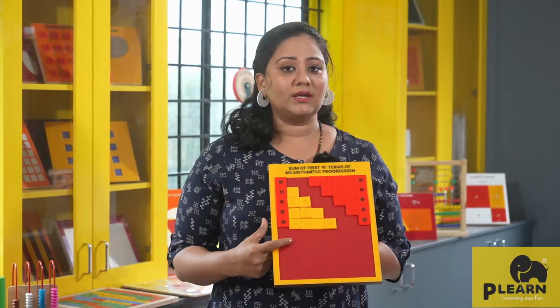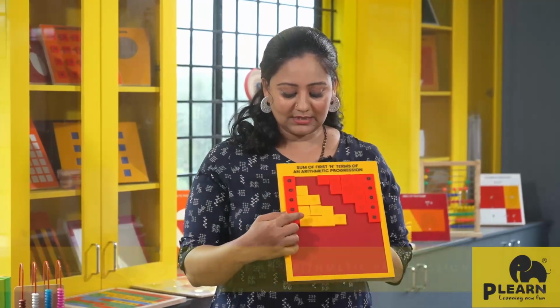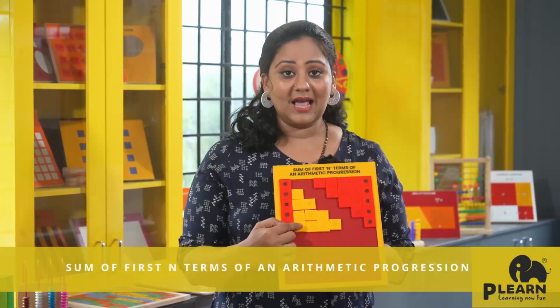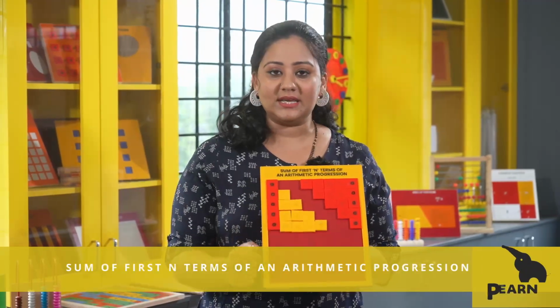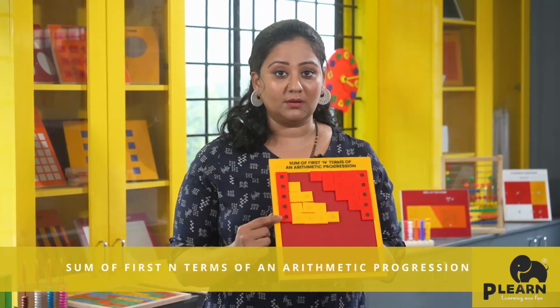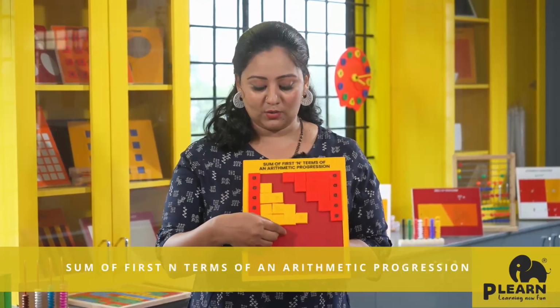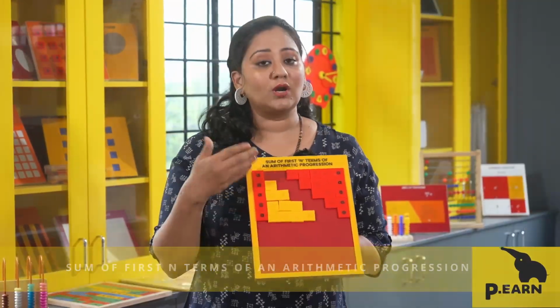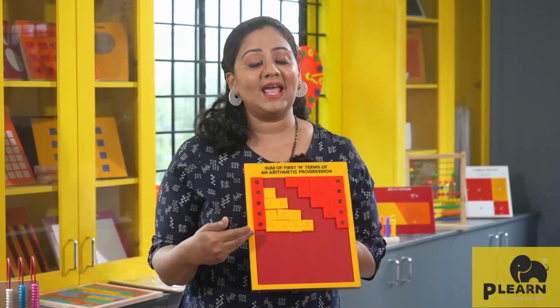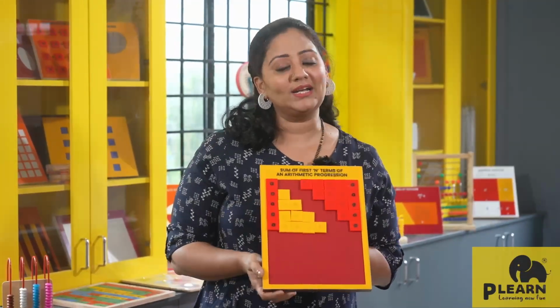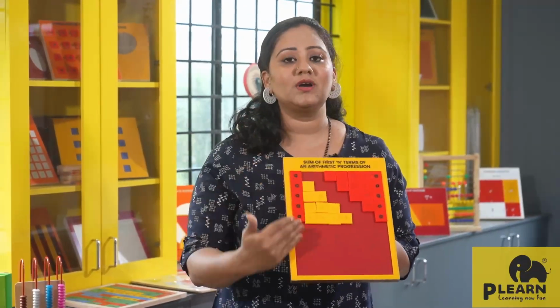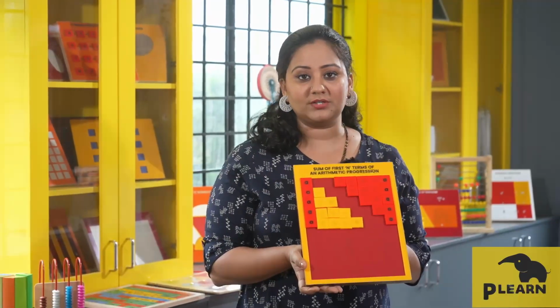Now one more thing you can observe here is this is A plus (n minus 1)D, right? This is the fifth term here, and here it is 5 minus 1 D. You have only 4 D's here. So what will be your nth term? It will be A plus (n minus 1)D. So that's how you understand this arithmetic progression.